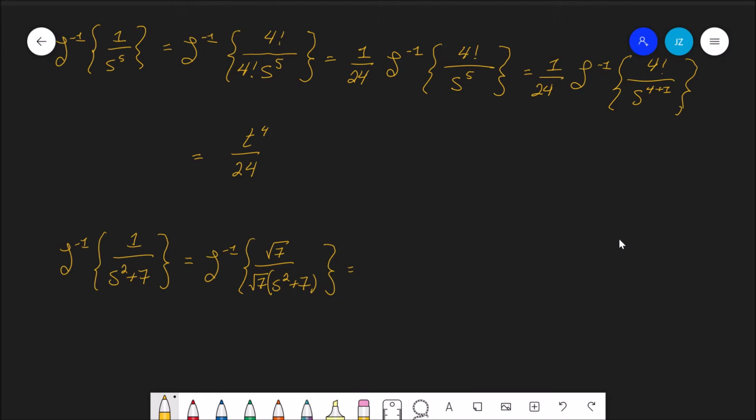We can factor out 1 over root 7. We're left with the inverse transform of root 7 over s squared plus root 7 squared. So this is 1 over root 7 sine of the square root of 7 t.